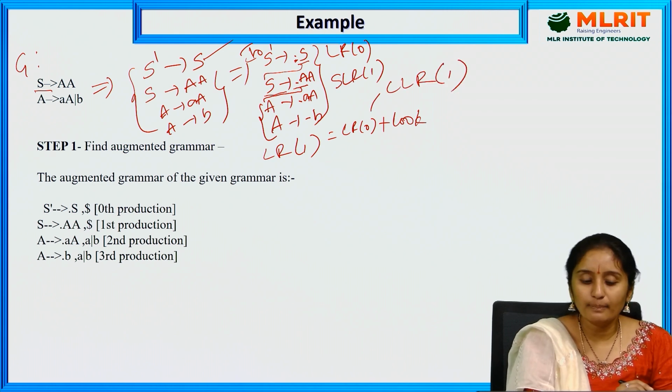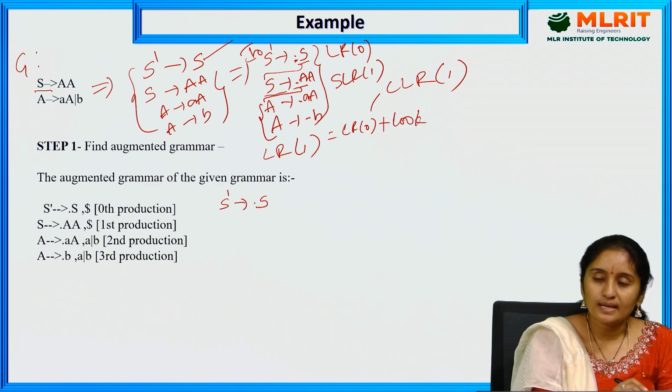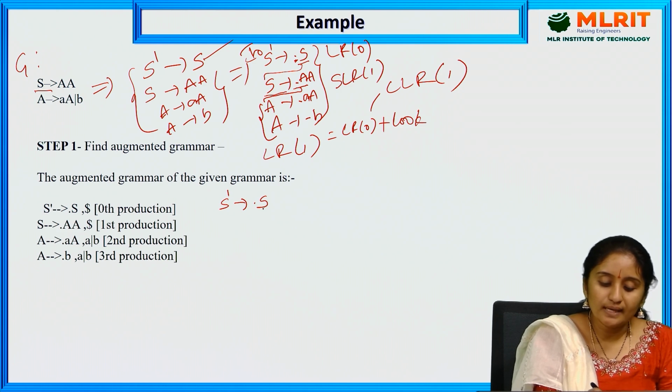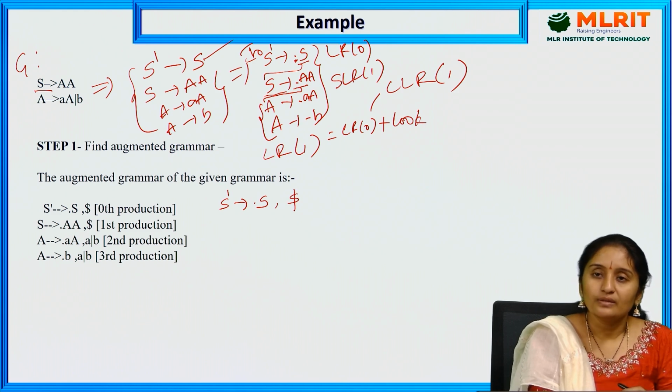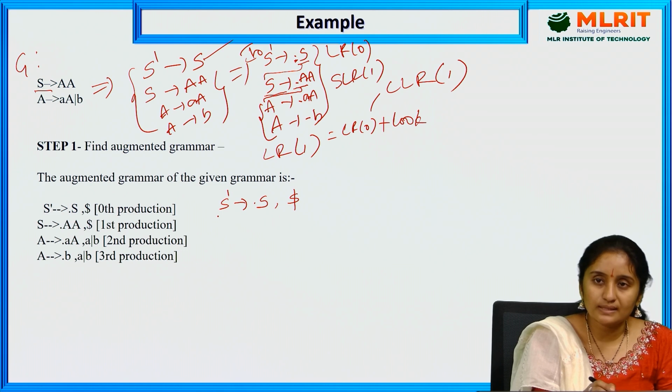Here, S dash tends to dot S. As it is my starting symbol, the lookahead symbol for the first production will be a dollar.